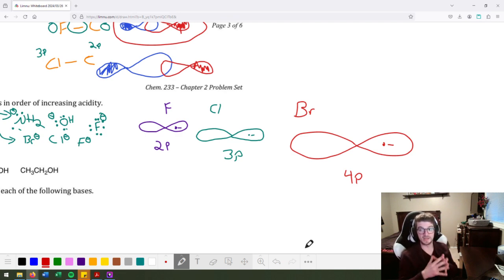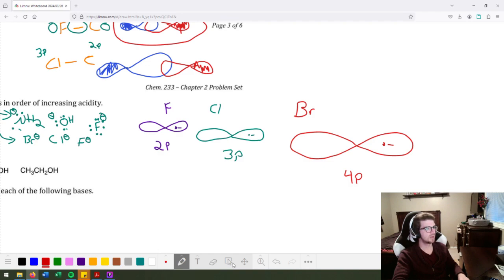So in bromine, it's in this massive orbital, so it's effectively a much lower charge density, because the charge is still just -1, but it's spread over a much larger area, or volume rather. So the bromide, being the Br minus, is going to be the most stable of these conjugate bases. And the rest follow in order.